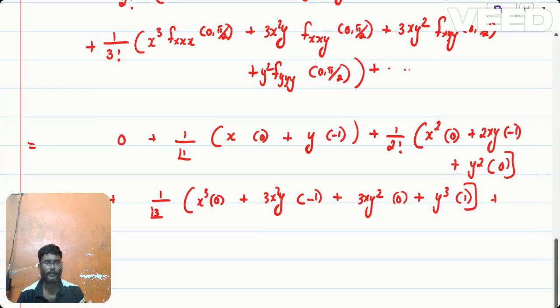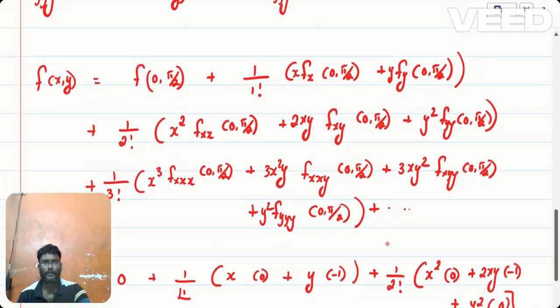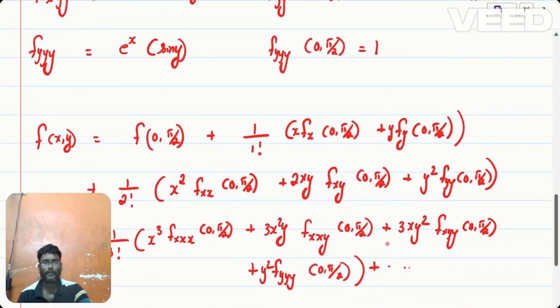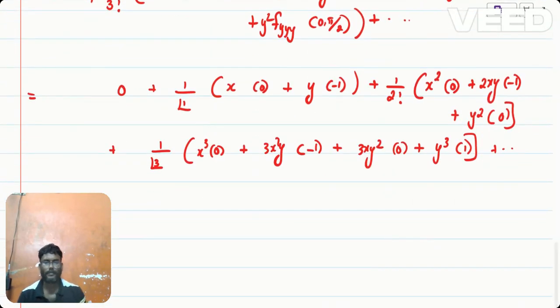On simplifying plus dot dot. On simplifying this, we get f of x comma y will be equal to 0 plus 1 by 1 factorial.